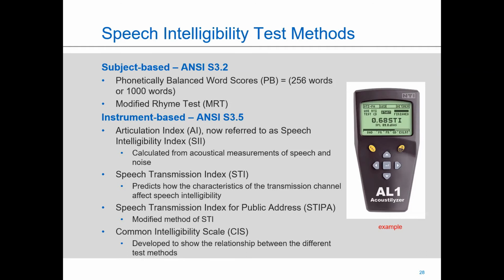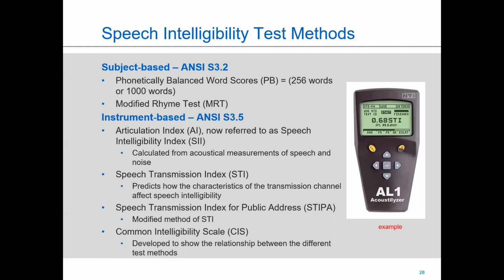These are just two different tests. They're typically called out in the spec that it has to meet a 0.8 CIS on the CIS intelligibility, but it's based upon balanced words, like they're saying here, and this MRT, this modified rhyme test, all part of this articulation index and this STI and this CIS test kit.